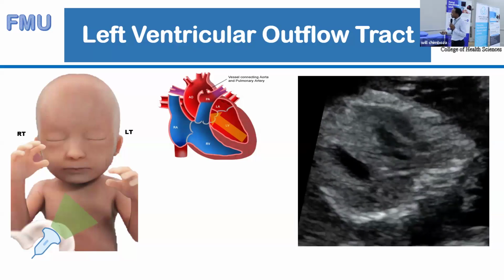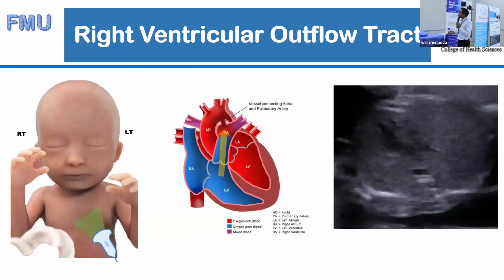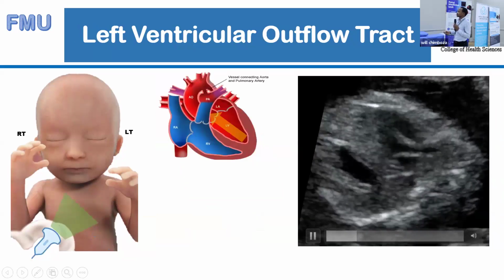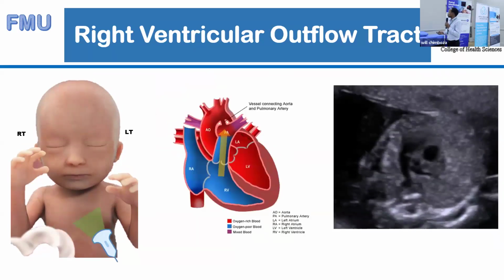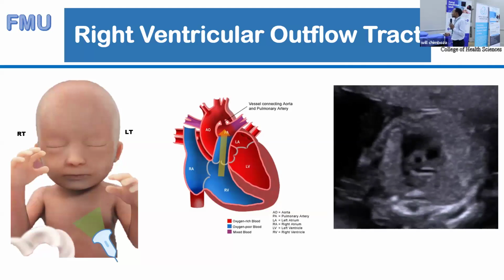And then when we turn on to the right ventricular outflow tract, we should be able to see the right atrium, the right ventricle, the main pulmonary artery, and then the right and the left pulmonary artery.